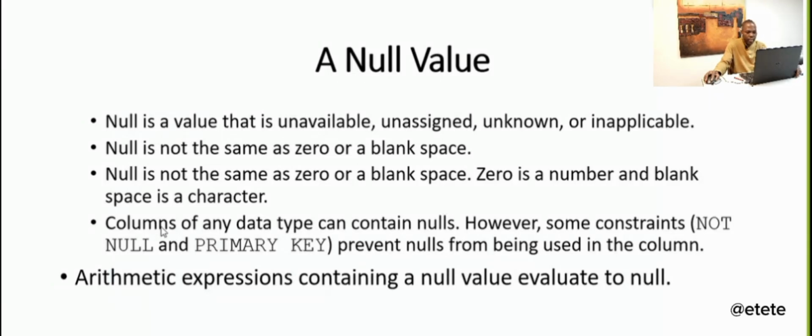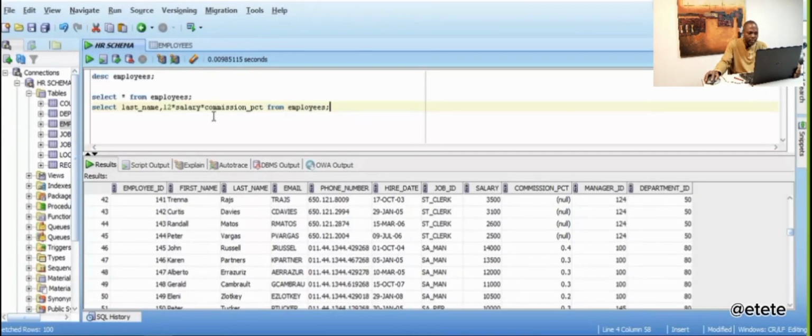Now, you see, an arithmetic expression containing a null value evaluates to null. We are saying this is an arithmetic expression. We want to calculate the annual commission of employees. Any employee that does not have commission will not have annual commission. So the value there will be null.